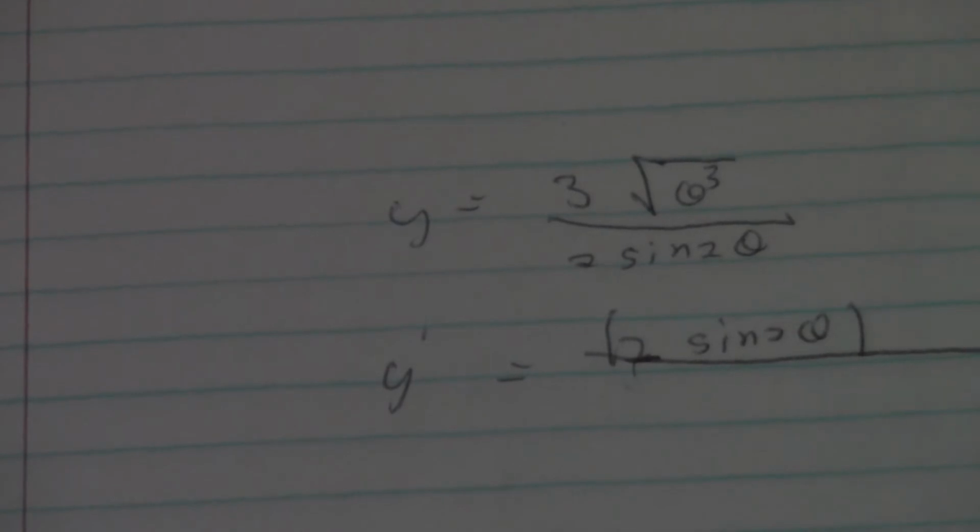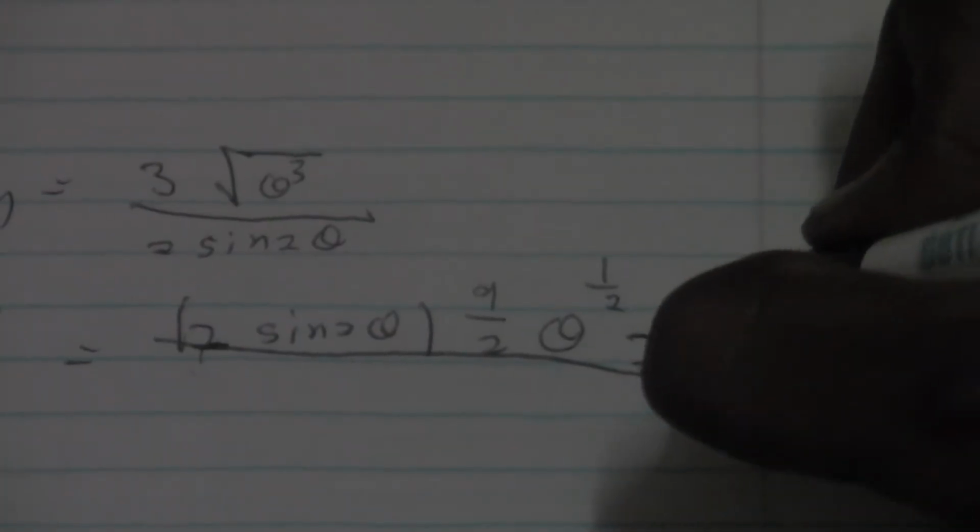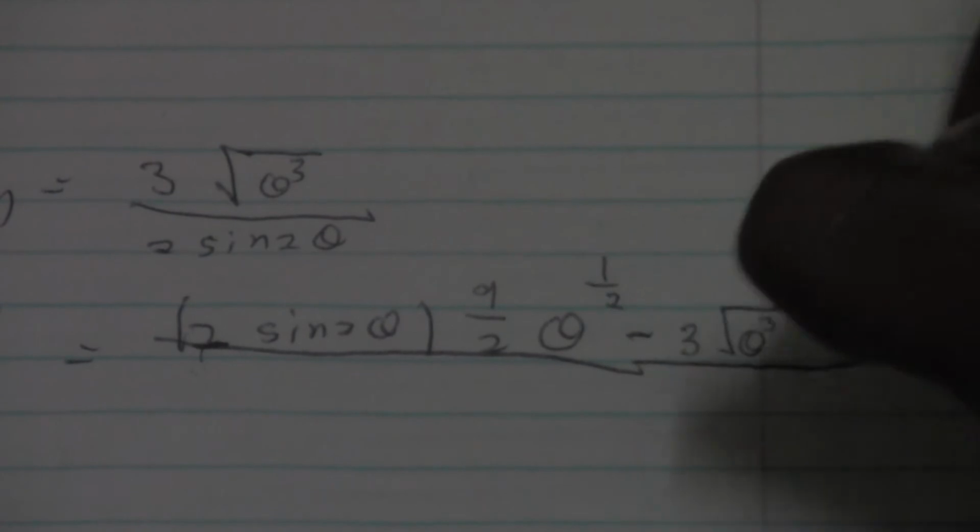This is theta cubed times a half. This is theta to the 3 over 2. So when I differentiate that, I get 3 times 3 over 2, which is 9 over 2 theta to the half power, minus, then I will write back this entire thing, multiplied by this guy, which gets to differentiate.